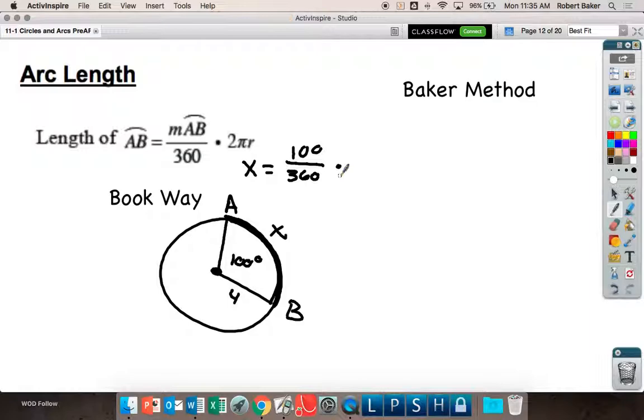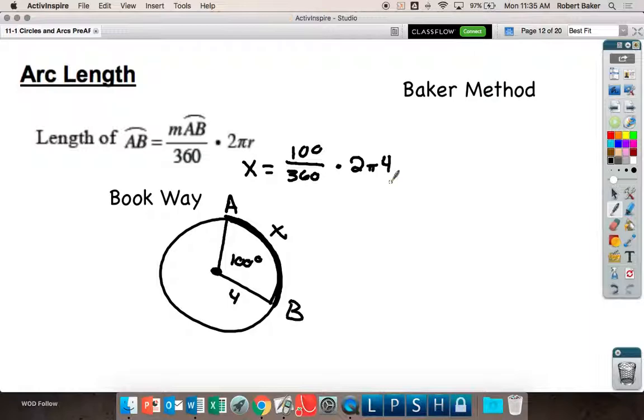Can you mentally math the circumference of the circle? Or you can do it all in one. So x is equal to 100 over 360 times 2 pi r. You like that? That's the book way.